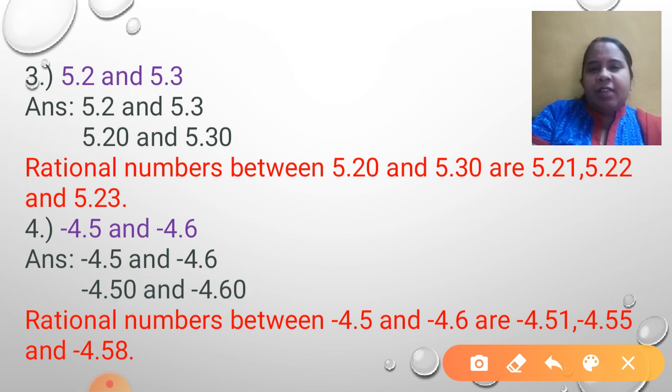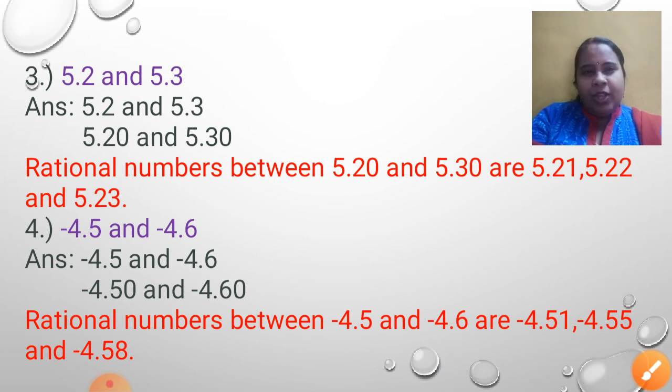So see this, I have written the rational numbers between minus 4.5 and minus 4.6: minus 4.51, minus 4.55 and minus 4.58. Other than this, if you want to write any, you can in the range of 50 to 60. Okay, don't include 50 and 60. In between them they want, so we will not include them. Other than these two, we can write any number between them. Okay, I hope this is also clear.